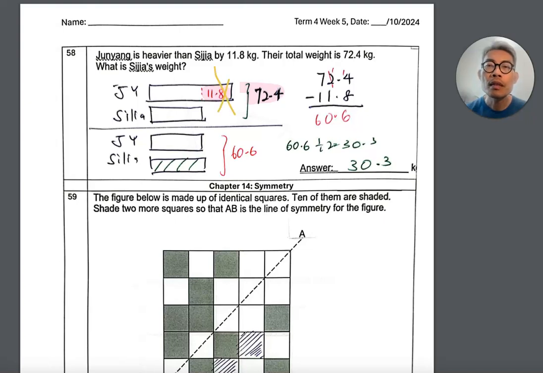Take away means I get 60.6. Why do I take away? Then I'm only left with these two equal parts, which I redraw for you below. So these two equal parts is now 60.6. One equal part, I just divide by 2, I get 30.3. So one equal part is like Xijia's part or Jin Yang's part, and that is 30.3.